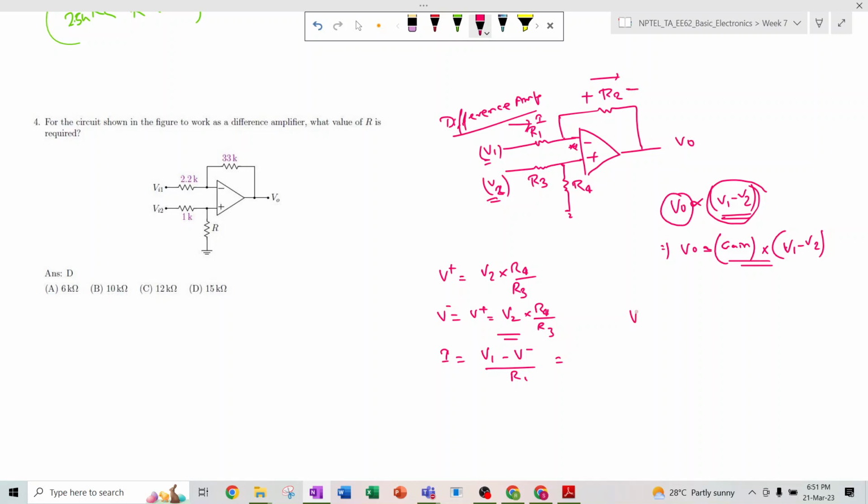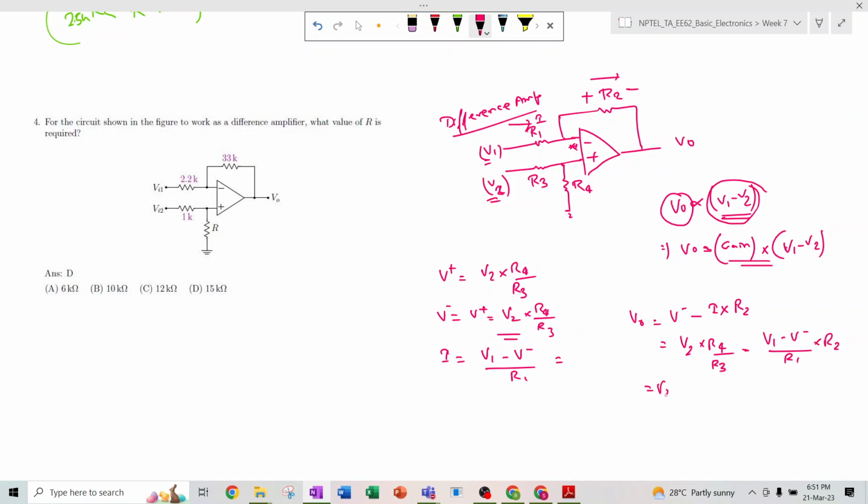So VO will be V minus minus I into R2, right? V minus we have already calculated: V2 into R4 by R3, minus the current I, which is V1 minus V minus divided by R1, into R2.